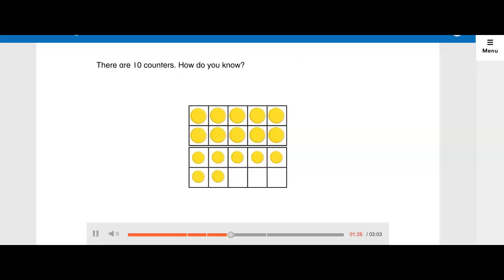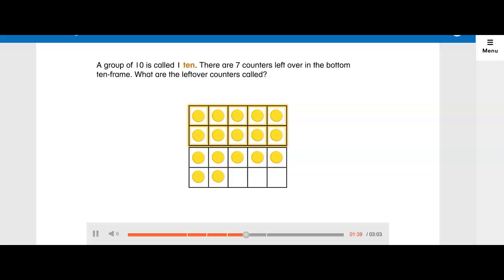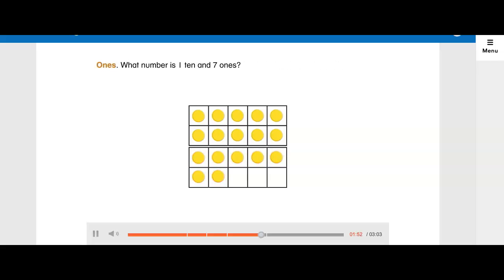There are 10 counters. How do you know? When a 10 frame is filled, it shows 10. What is a group of 10 called? A group of 10 is called a ten. There are 7 counters left over in the bottom 10 frame. What are the leftover counters called? Ones. What number is 1 ten and 7 ones?